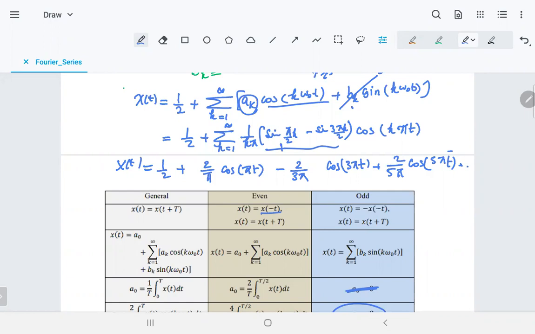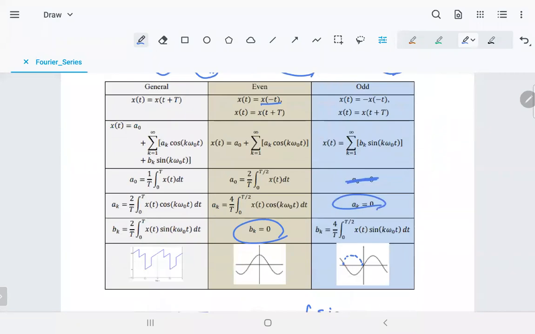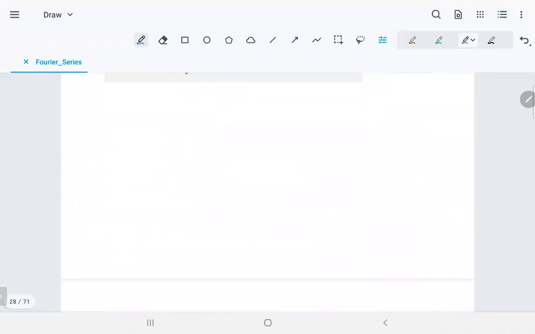Right now, I'm not going to show the phase shift, but at least I will show you the magnitude. If you want to make something called a line spectrum, you just make a graph and look at the amplitude: 2 over pi, half, remember this number, minus 2 over 3 pi, 2 over 5 pi. So we make a line spectrum.